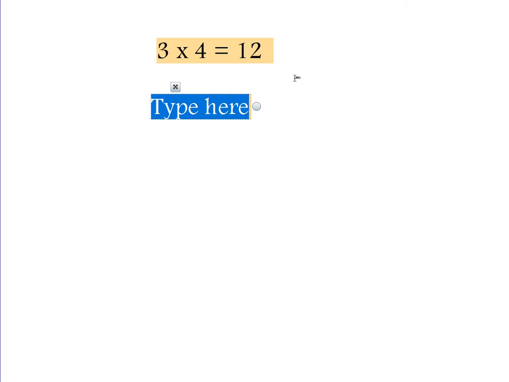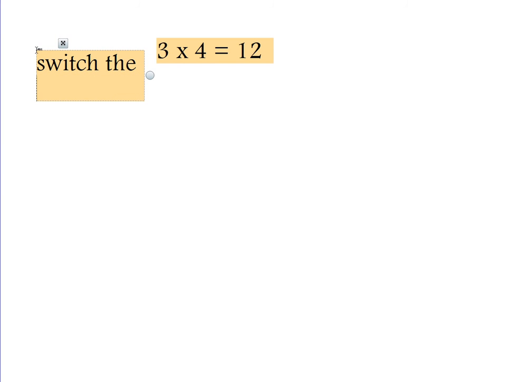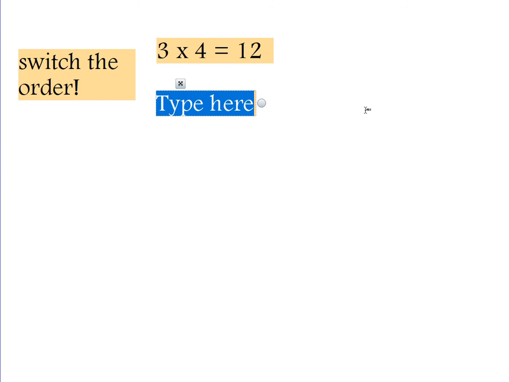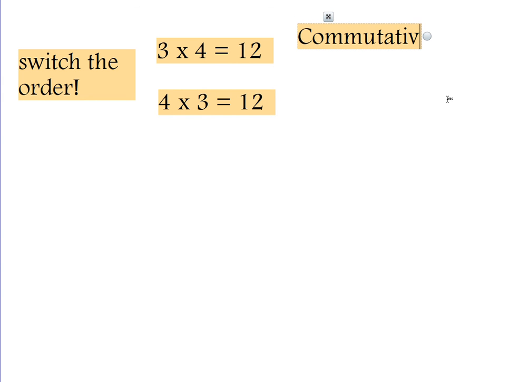If you said that I could switch the order, you would be correct. What I can do is solve 4 times 3, and it equals 12, the same. So that shows the commutative property.